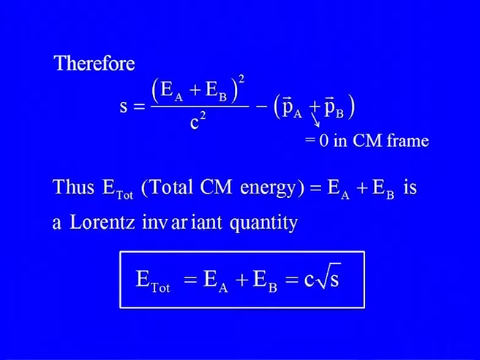Now, if you recall that the total 3 momentum, when you add these two up in the center of mass system, is 0. So the total energy in the center of mass system, which is EA plus EB, is a Lorentz invariant quantity here, and if you remove the square, you see that it's actually equal to C times root S.